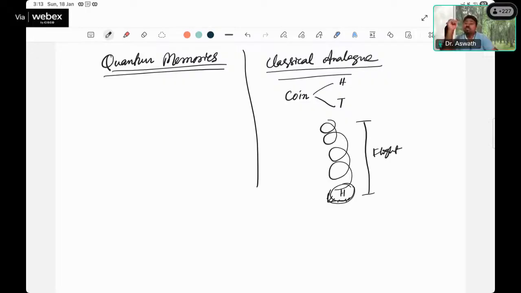The superposition is destroyed. There is no other way than destroying the coin's flipping state to find out about the coin. So that is a classical analog, which helps us understand why the destruction of a quantum state happens when I make a measurement.